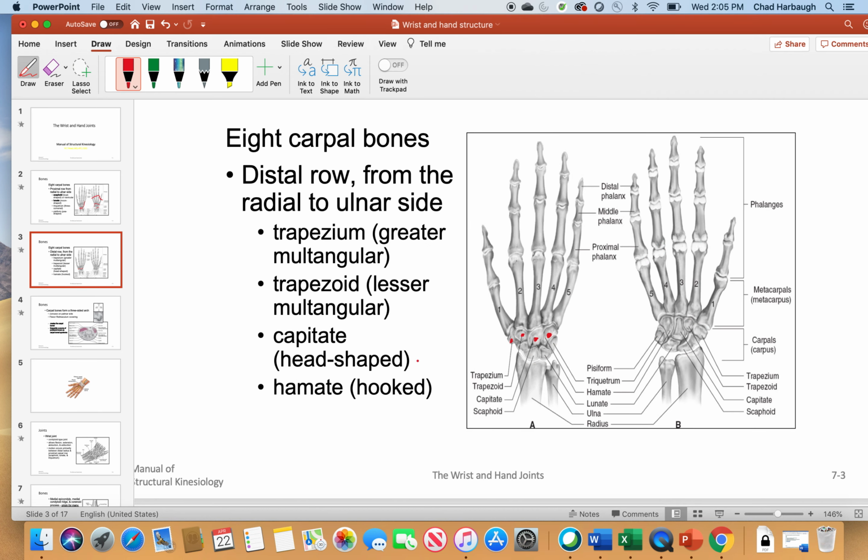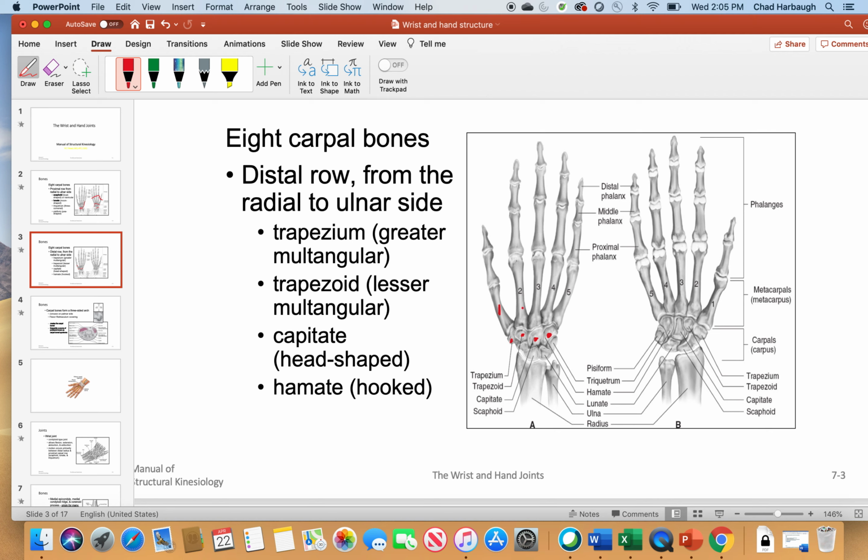So on the distal row, again, we're looking at the metacarpals or bones of the hand. We see that this would be number 1 or the thumb, number 2 the index finger, 3 the middle, 4 the ring, and 5 the pinky. So starting closer, the one that articulates most often with the thumb is going to be the trapezium.